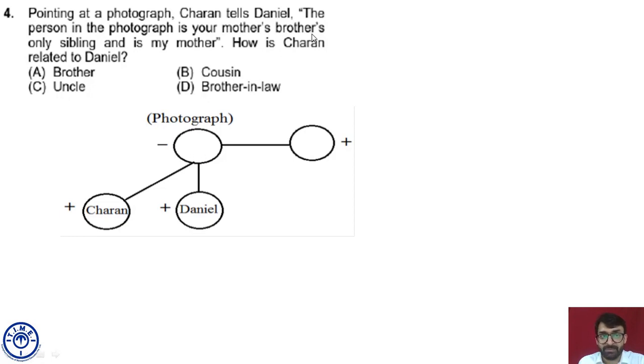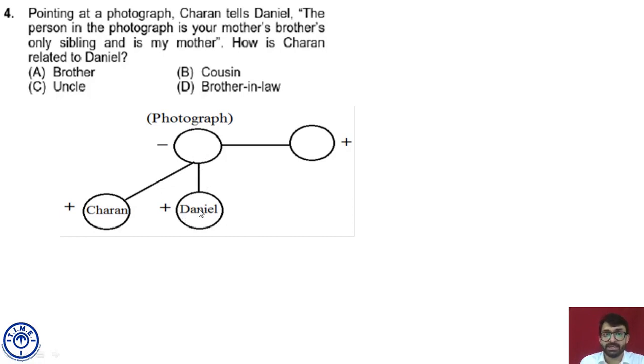And the statement is also like, only sibling is my mother. That person in the photograph is also the mother of Charan. The person in the photograph is the mother of Daniel as well as the mother of Charan. That means Daniel and Charan are siblings.